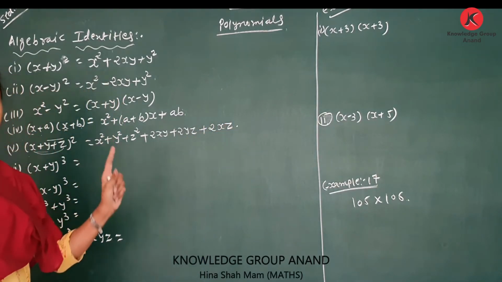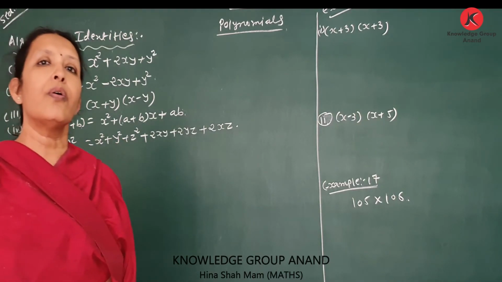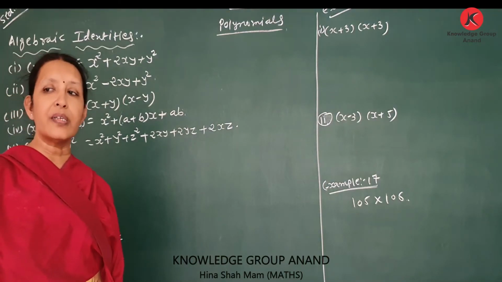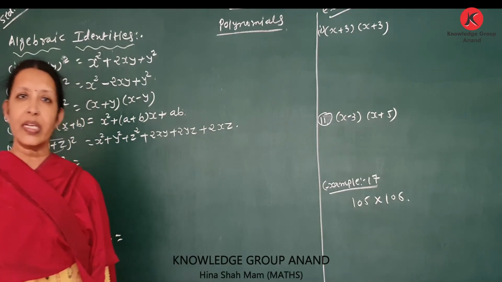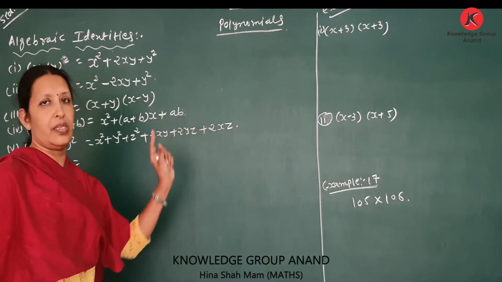Our identity is this: (x plus y plus z) whole square is equal to x square plus y square plus z square plus 2xy plus 2yz plus 2xz.